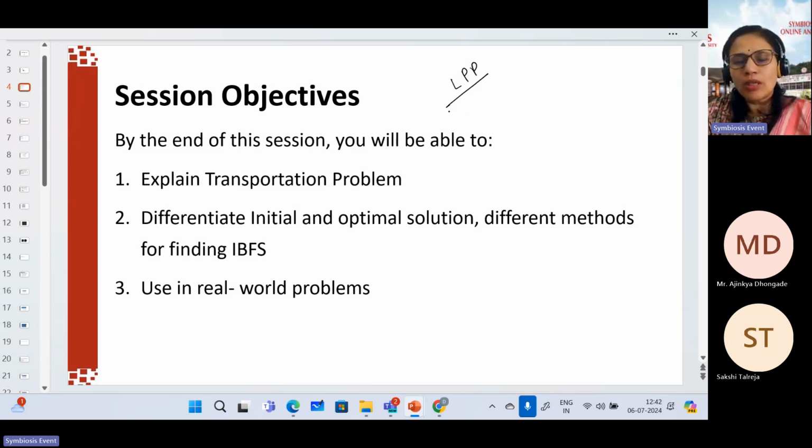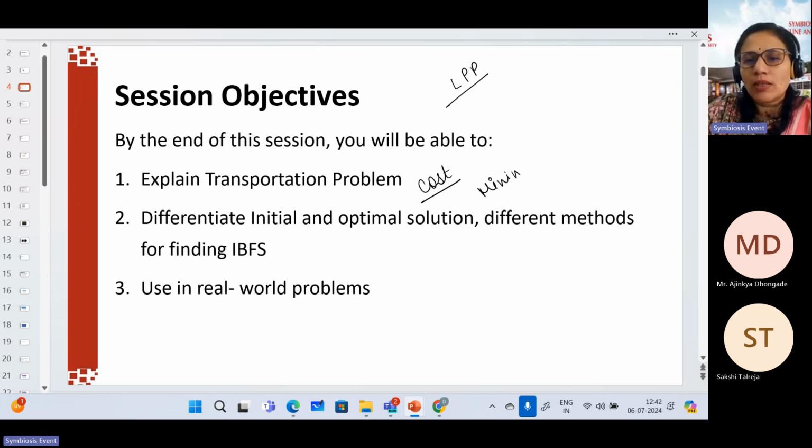I could do minimization of cost or maximization of profit. But in the transportation problem, as the entire thing is based on cost, all the methodology developed is based on minimization of cost. So this is the specification of the transportation problem.